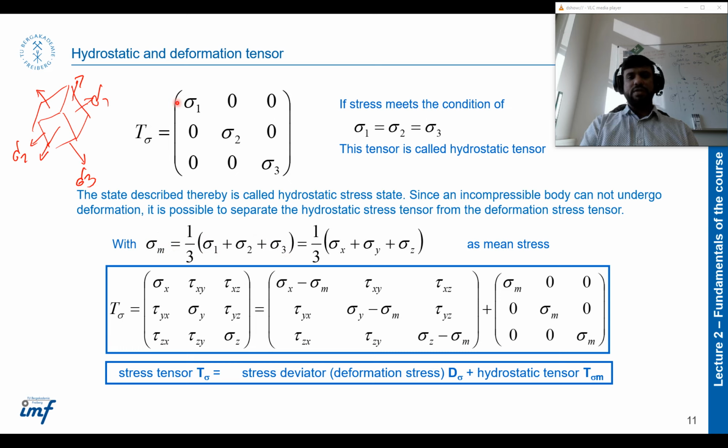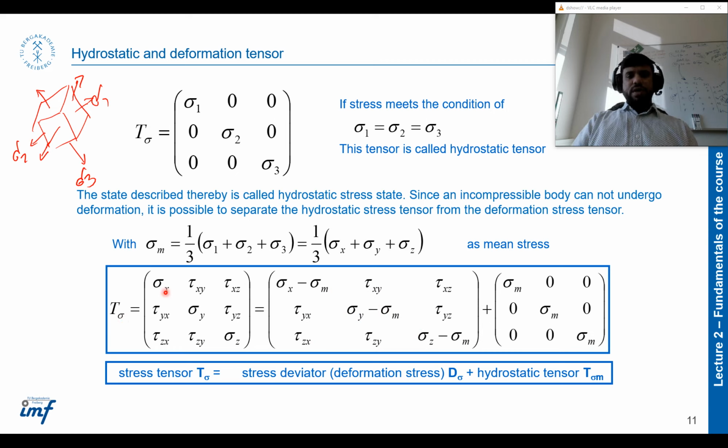If sigma 1 is different from sigma 2 and sigma 3, then we can just calculate a mean stress. This will be this formula, which we can then subtract from all these values, and the resultant will be the factor responsible for material deformation.